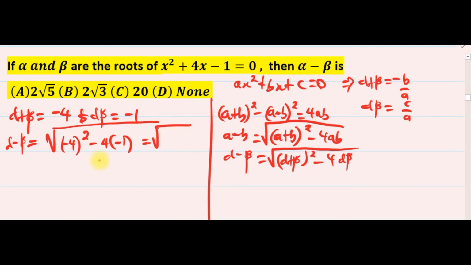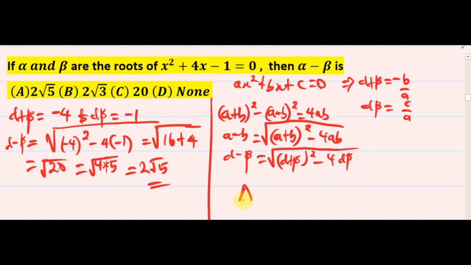That is the square root of 16 plus 4, so the square root of 20. Remember, this is 4 times 5, so the square root of 4 is 2, and the answer is 2 root 5. So our answer is A.